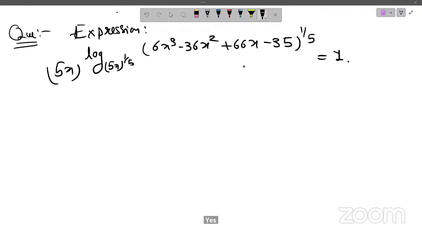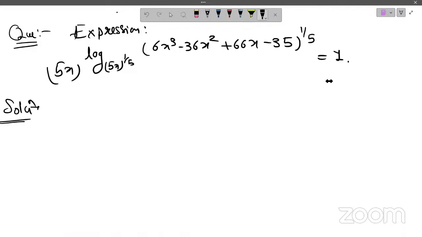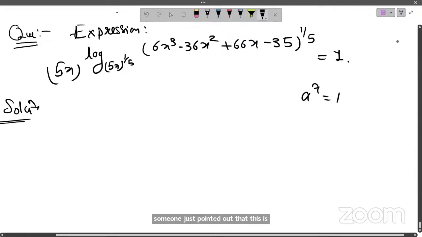What does it mean? This question I haven't discussed yet till now, right? Oh, okay. So you mean someone pointed out that this is an a to the power x equals 1 type of case.